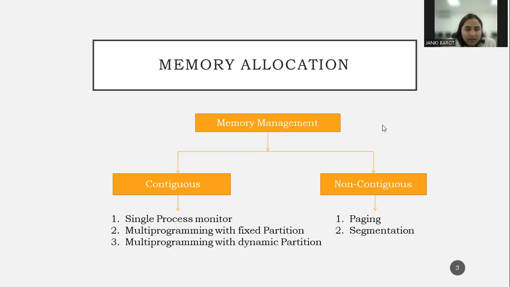In contiguous memory allocation, there are some techniques: single process monitor, multiprogramming with fixed partition, multiprogramming with dynamic partition, and in non-contiguous you have two techniques, paging and segmentation. In this lecture, we are covering single process monitor and multiprogramming with fixed partition. Multiprogramming with dynamic partition will be in the next lecture.